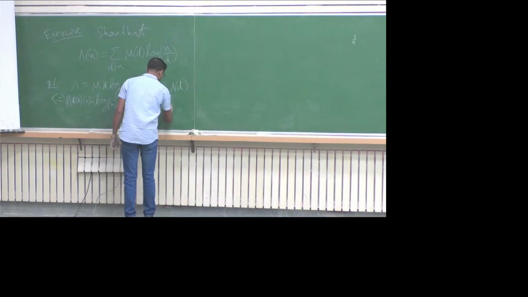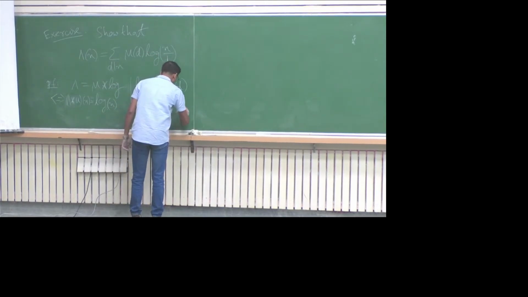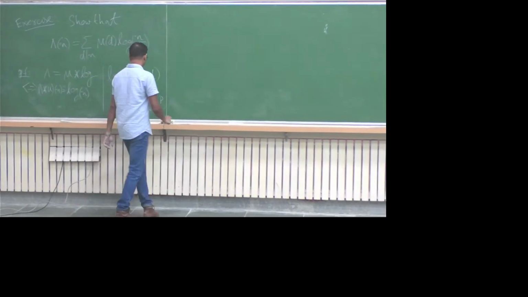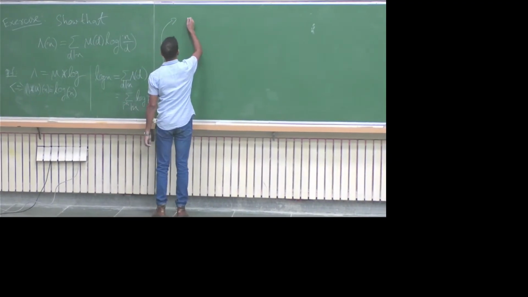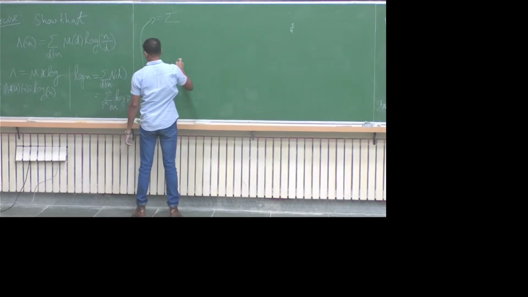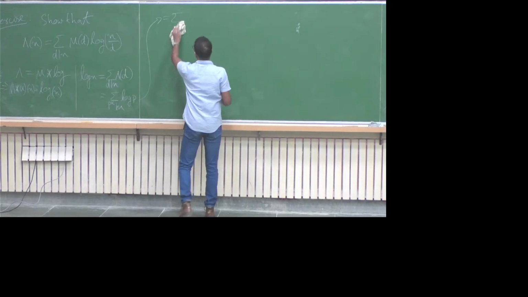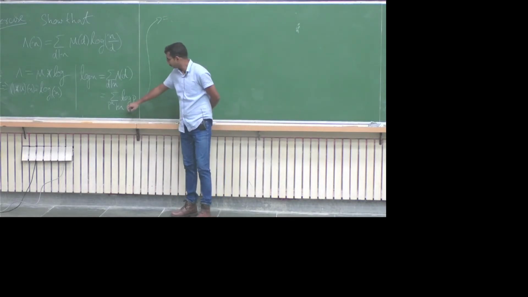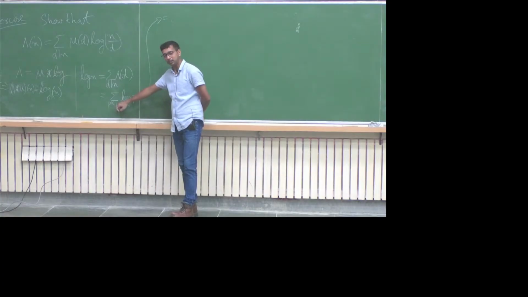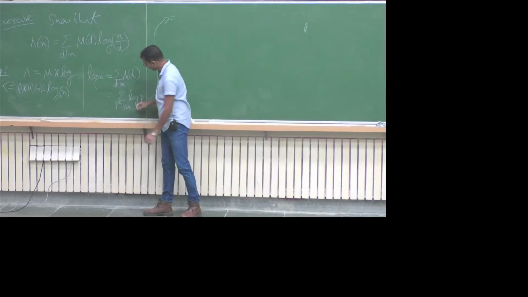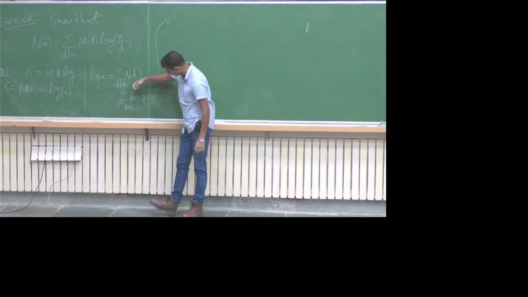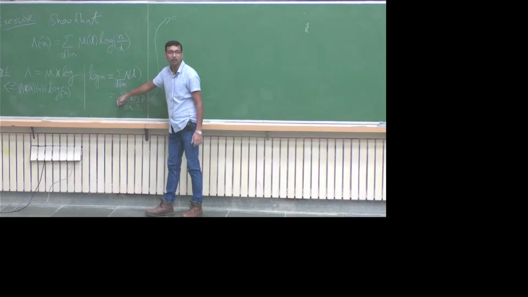So that means for each prime p less than or equal to n, we are taking the sum of log p as many times as the power divides this.